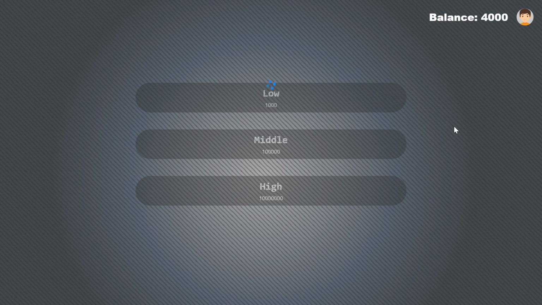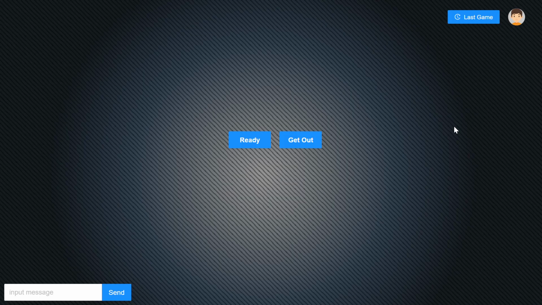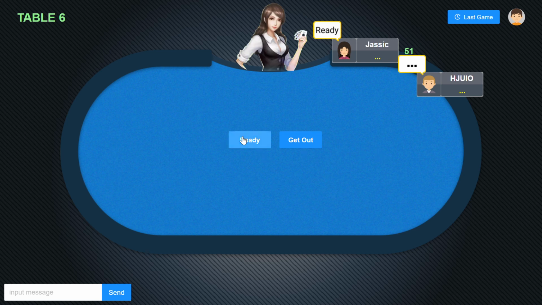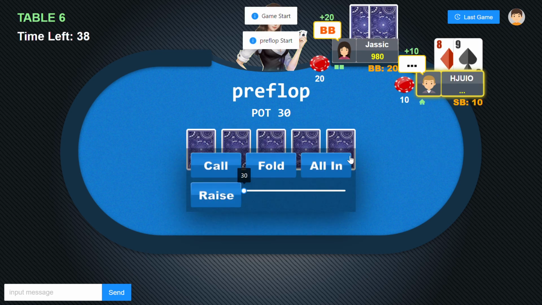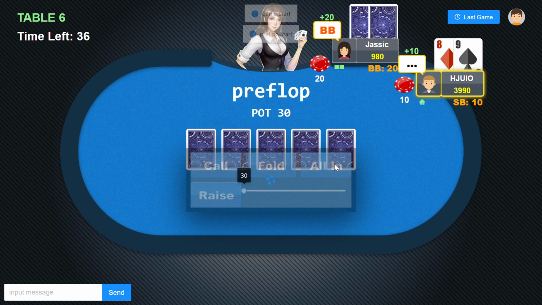When I click, it's loading, and it displays the red button, get out. This is a table, and other people are coming in. This participant is ready, so I click ready so that I can start the game. This is myself with my amount, so I start to play by clicking all in.